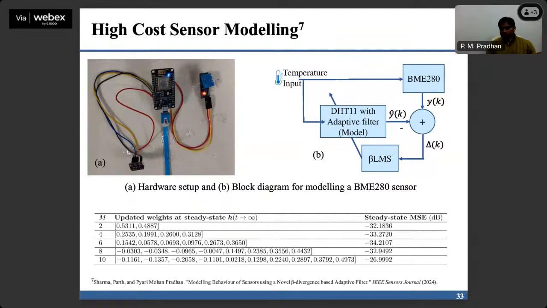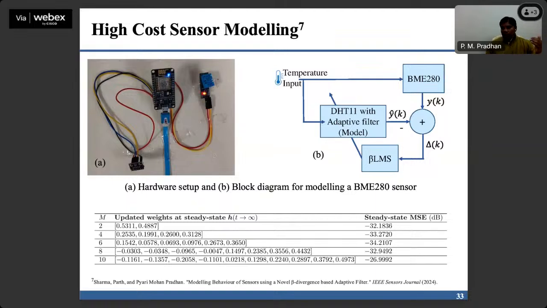The DST11 is a very low cost temperature sensor, and the BME 280 is a very high cost sensor. The BME 280 was used to generate the desired signal y_k, and y cap k comes from the low cost sensor. We find the error, delta of k, and we used beta LMS, which is nothing but beta divergence based LMS, to update the weights.